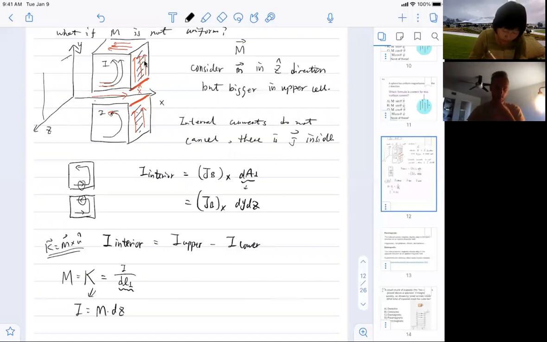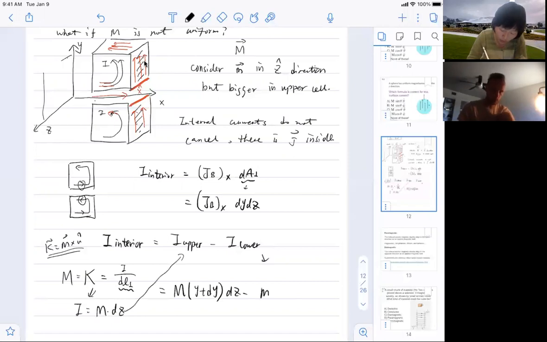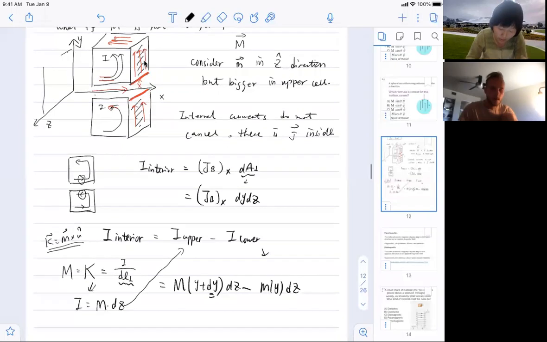Now I just need to use this to represent my current. My current upper is M at a higher place. So I can say this is located at y plus dy, times dz. Lower is located at y, times dz. This is the upper because it is at a higher place, so I'm adding dy, a little bit higher.